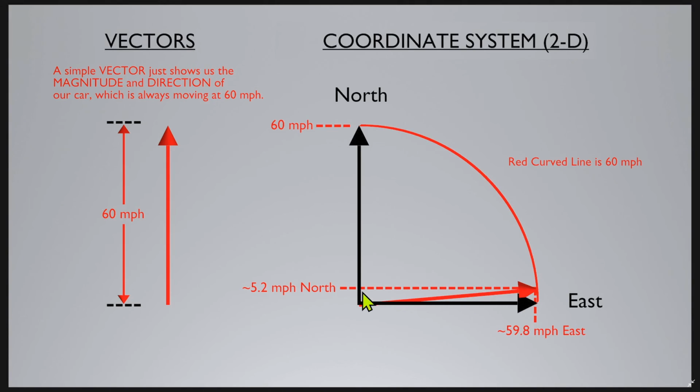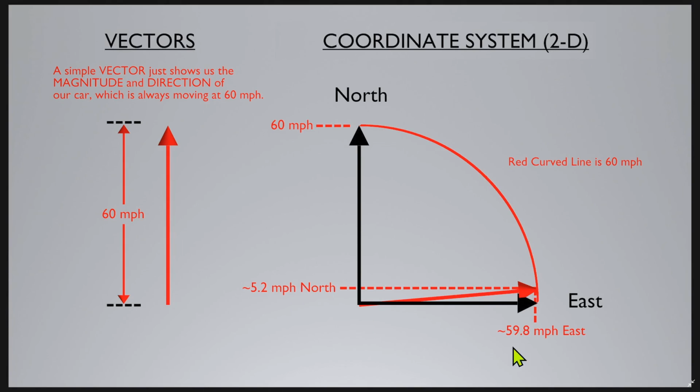But you're still going 5.2 miles an hour in a northerly direction, and you're going 59.8, which is almost the entire 60 miles an hour headed east. And again, the Pythagorean theorem is what you have to do if you want to be able to calculate that 60. Don't just add these two together.